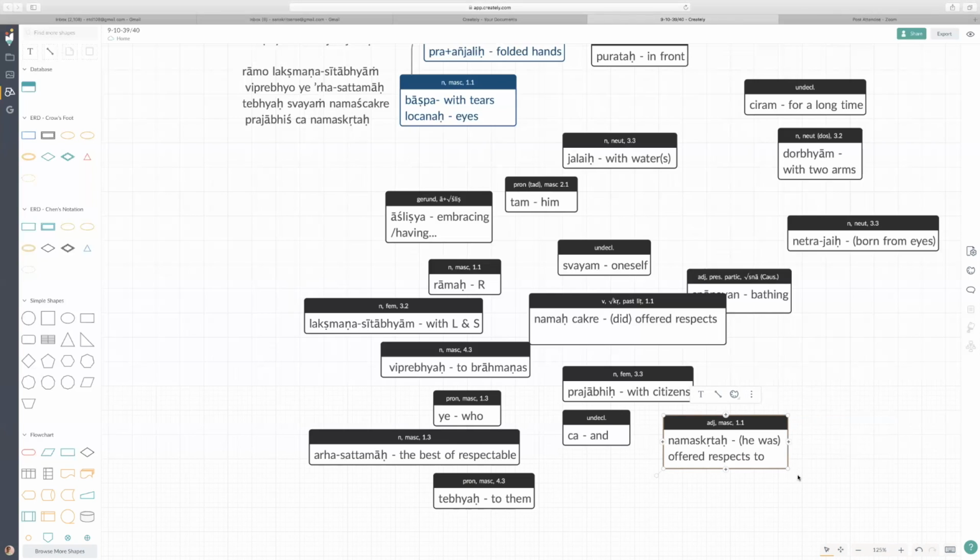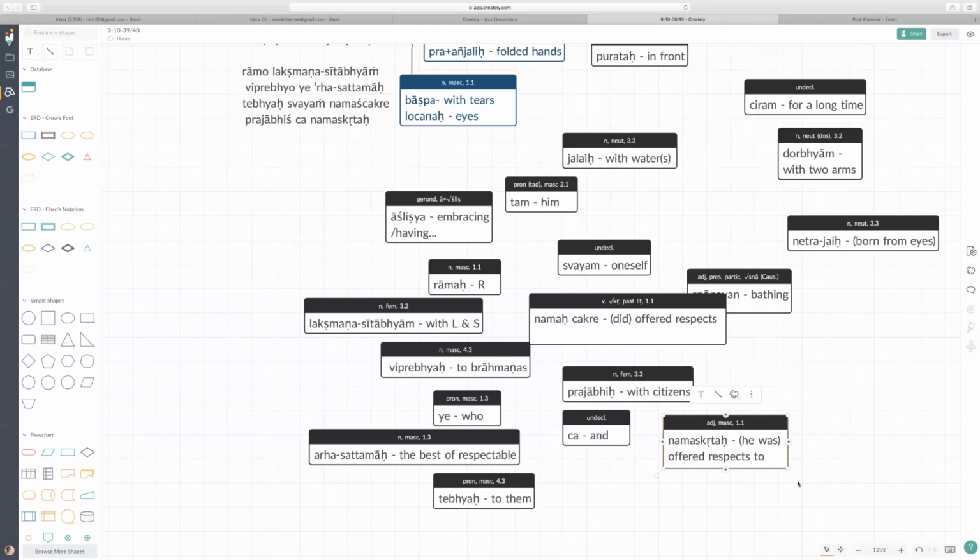How do we understand this "to"? Well, in English you do put that "to" at the end, like he was gone to, he was offered respects to. It stays even in passive voice in English, like I offer respects to him, he was offered respects to by me, like that.